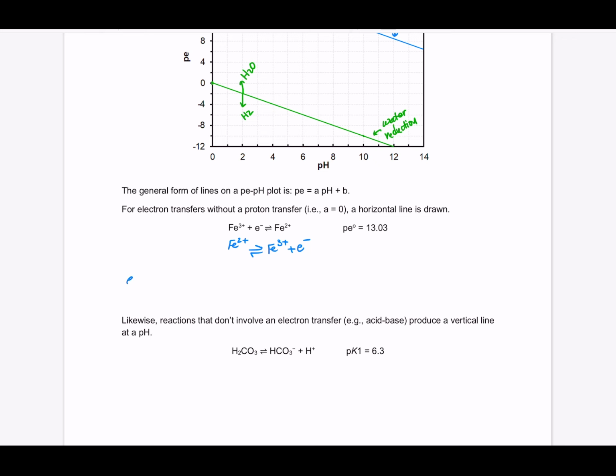And now we can use E0 as the expression of this new standard reaction. And minus log, this would be pe0 equal to minus log of Fe3+ over Fe2+, pe.